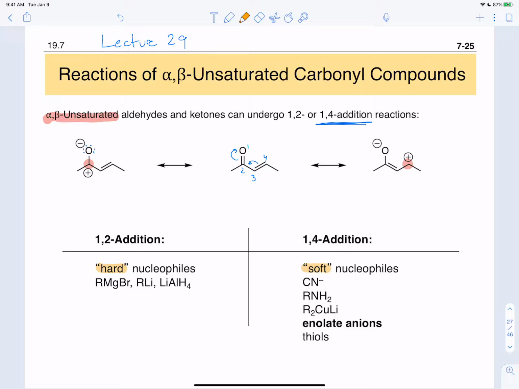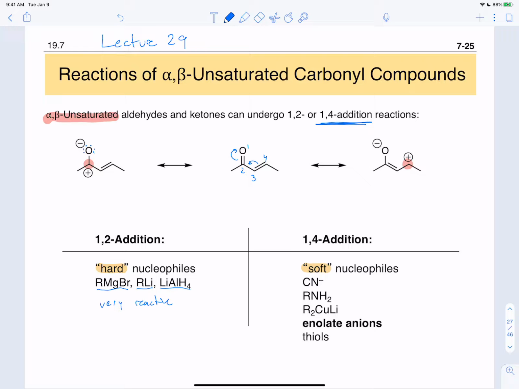On the hard nucleophile end, these are all very reactive species. We have our organometals like Grignards, organolithiums, or lithium aluminum hydride. Remember that all of these are able to add into things like nitriles or esters. Lithium aluminum hydride can even react with carboxylic acids.